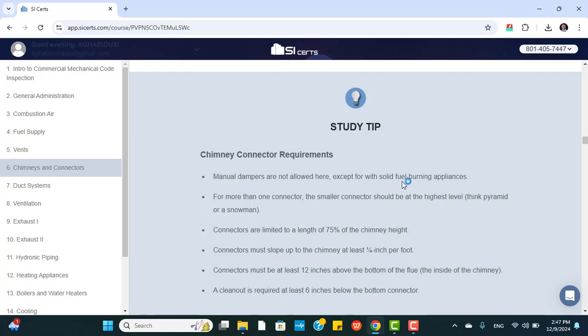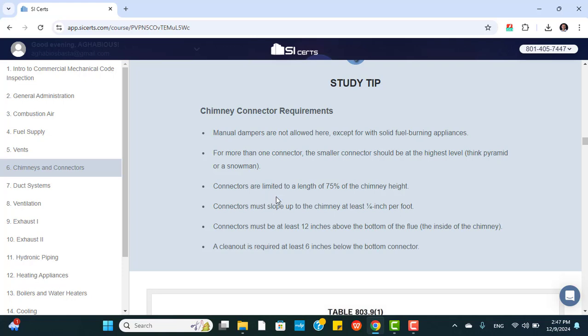Manual dampers are only for solid fuel appliances, this is important. For more than one connector, the smaller connector should be at the highest level. Think pyramids or snowman.